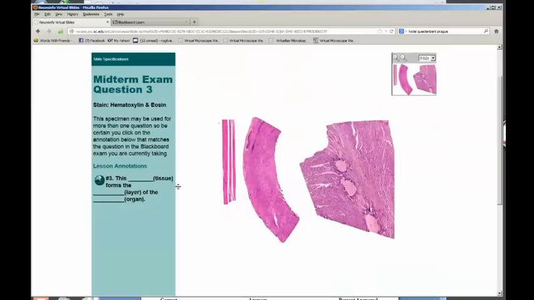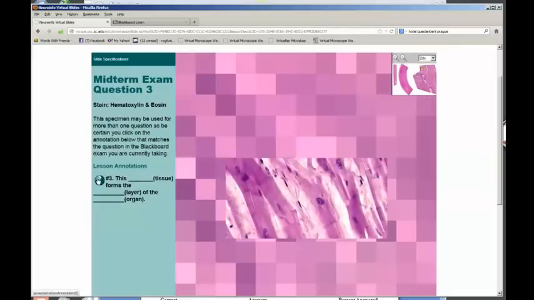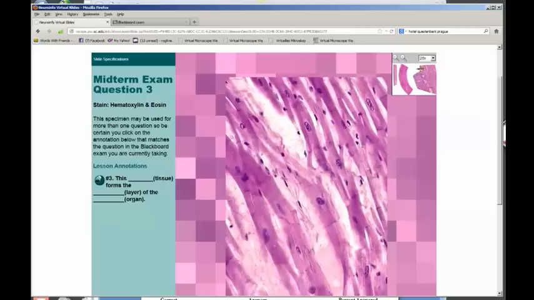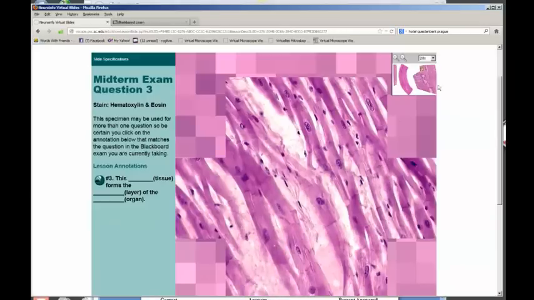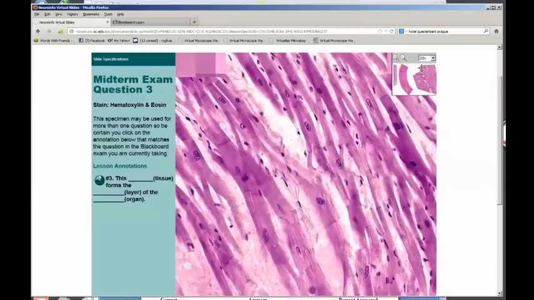Okay, for question 3, you would have to click on this radio button over here, and it brings up a field. You can see where the field is. It's in this specimen here in the reference image, and you see where it's located. But most importantly, you look at the pattern, and these are longitudinal sections of cells.